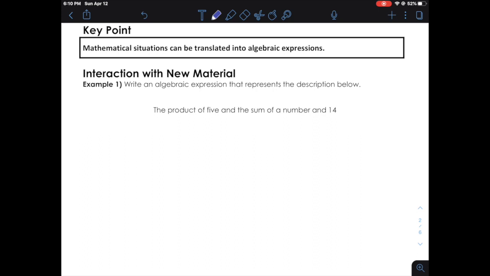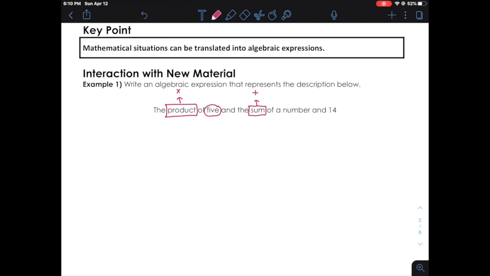All right, so let's mark this text up. Product. What does the word product mean? Product is an answer to a multiplication problem. Then we have the number 5. And it says the sum of a number. So sum tells me it's an answer to an addition problem.